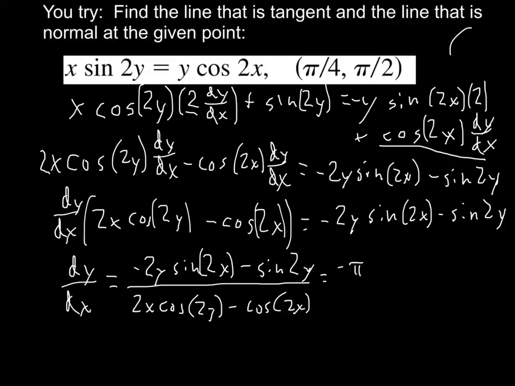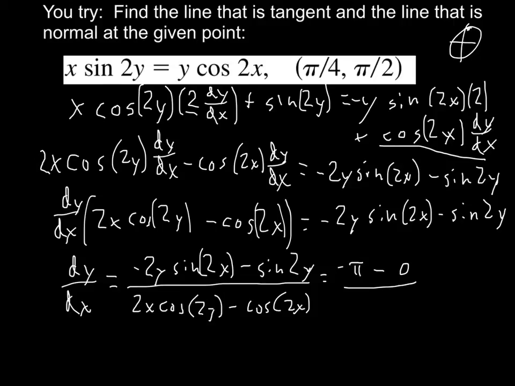If I draw my unit circle, pi over 2 is up here. That's a value of 1. So sine of pi over 2 is just 1. So that just leaves me a negative pi minus the sine of 2y. Well, 2 times pi over 2 is pi. Sine of pi is 0, so minus 0, over 2 times x.